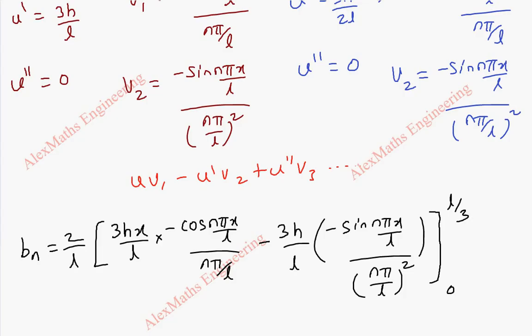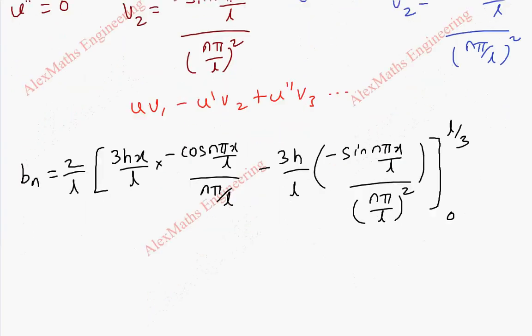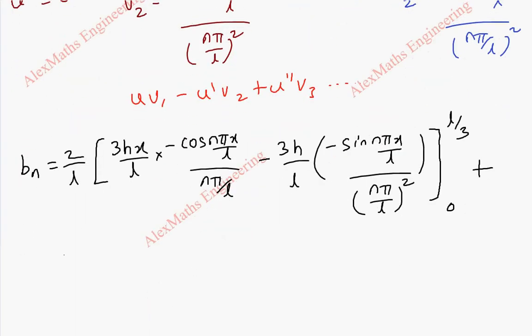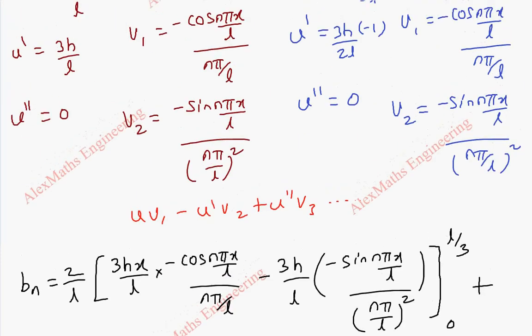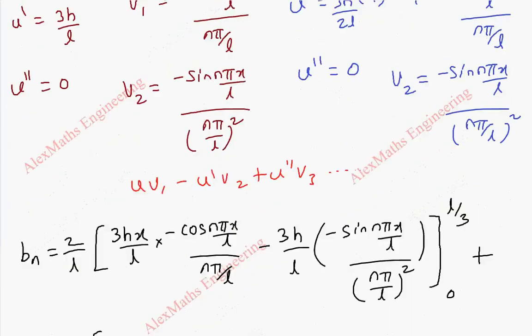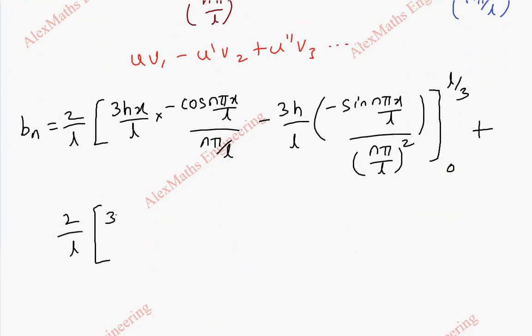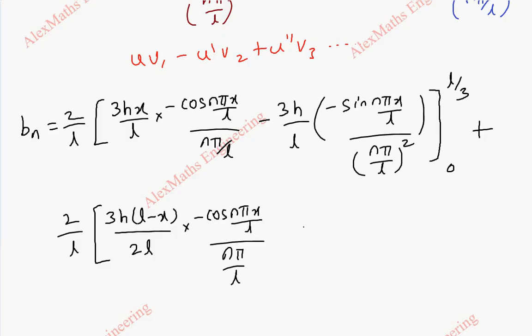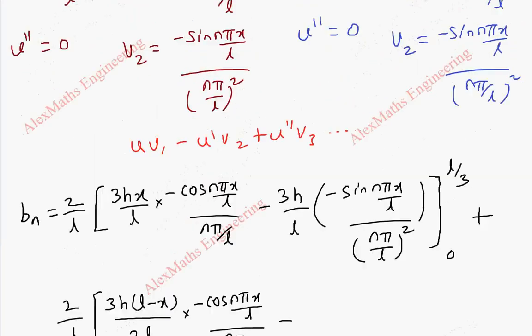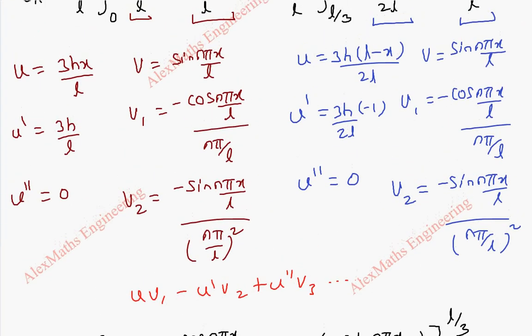And coming to the next part, again we have 2 by L and u value is 3h into L minus x by 2L. So 3h into L minus x by 2L into minus cos n pi x by L by n pi by L. Then minus, and here it is minus 3h by 2L u dash.